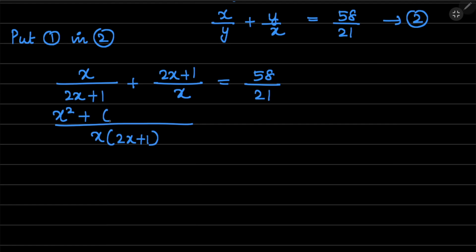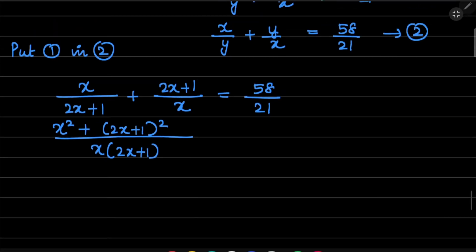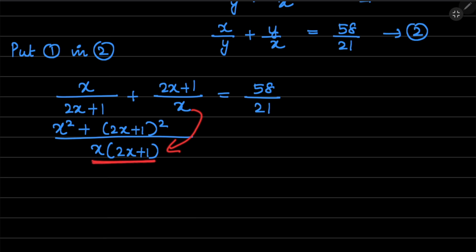plus 2x plus 1 multiplied by 2x plus 1. Or I can write it as 2x plus 1 the whole square. So see, how did I do that? X multiplied by what will give me this product? X multiplied by 2x plus 1 is missing.